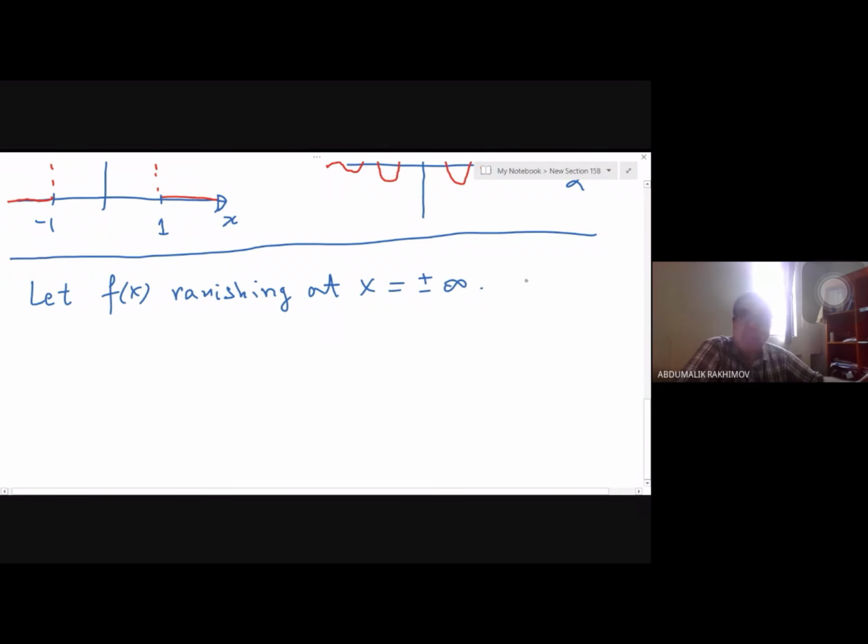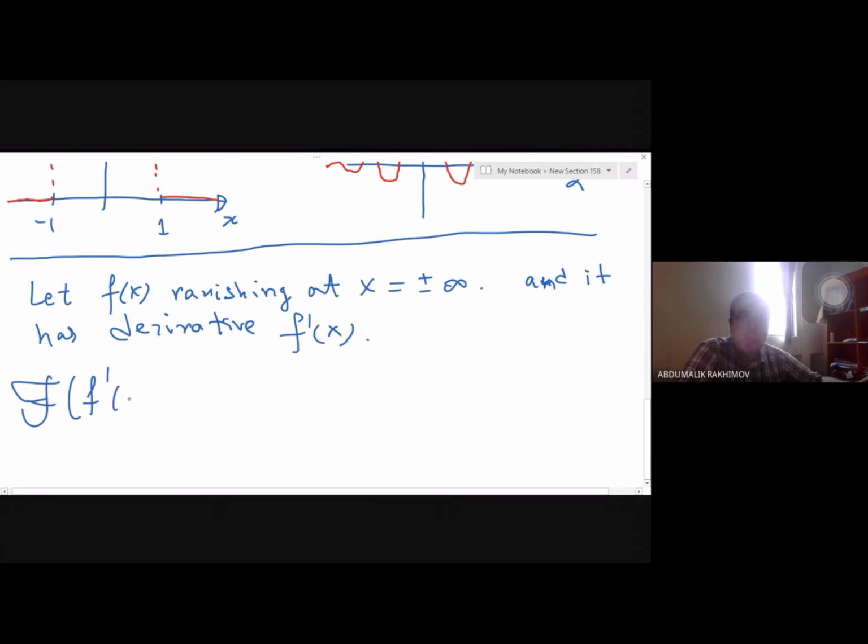And let's say it has derivative. Derivative f prime exists. Okay, it is a differentiable function. So the question is, what is the Fourier transformation of the derivative?